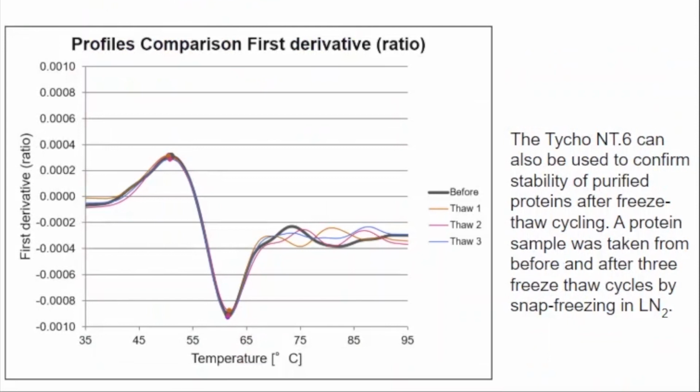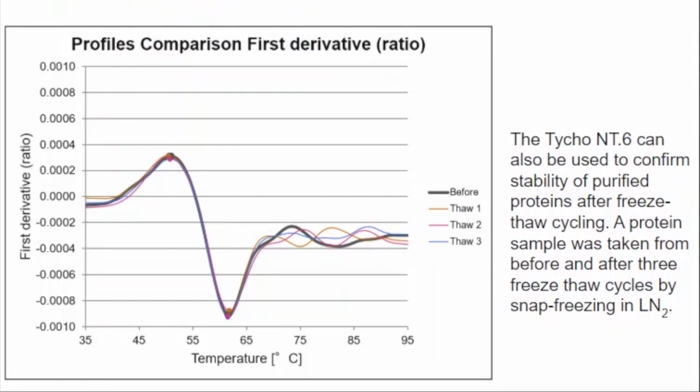But something that is worth being nervous about is how does the freezing and thawing of the protein affect it? Does that damage it? Are there any problems with the protein becoming less stable as it goes through freeze-thaw cycling?